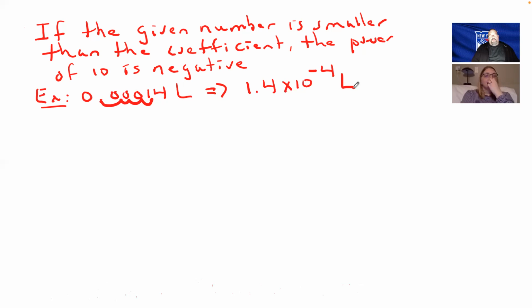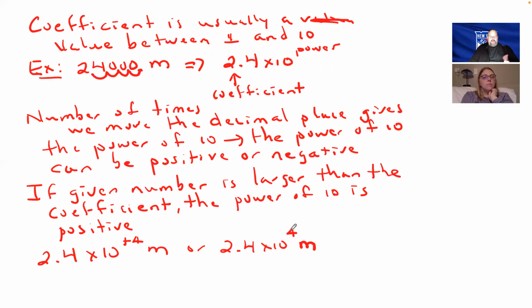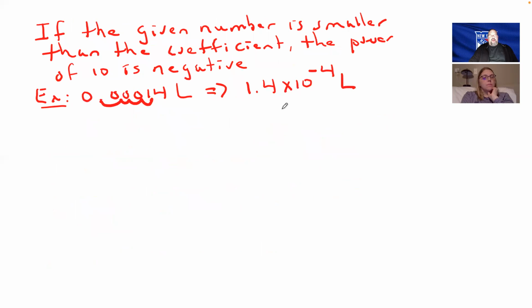So that would be 1.4 times 10 to the minus 4. So essentially, that's how we take a number and we make it into scientific notation. To go the other way, from scientific notation into a number, if the power of 10 is positive, that would mean to move the decimal point to the right. And if the power of 10 is negative, that would mean to move the decimal point to the left.